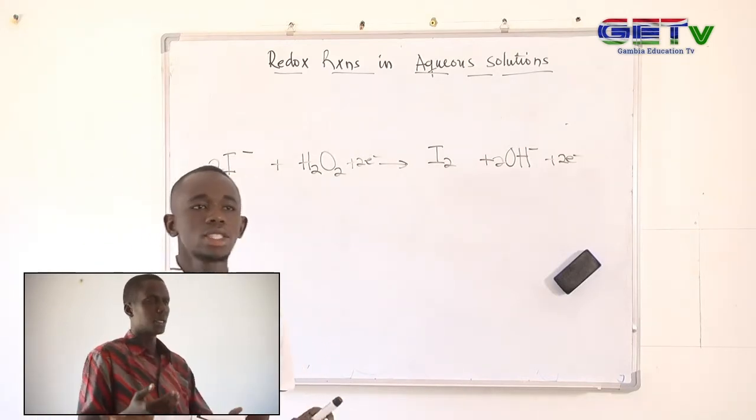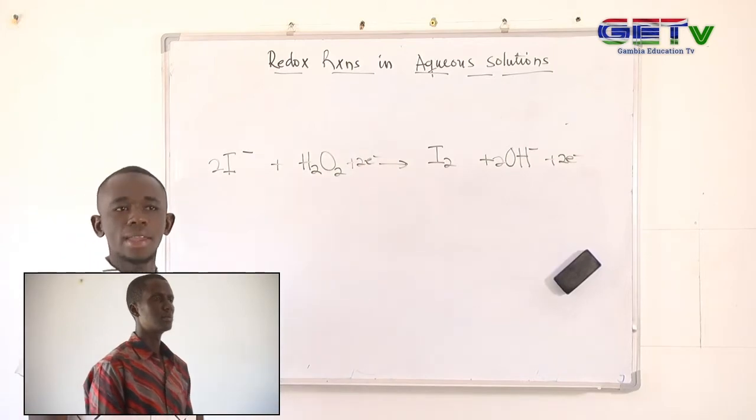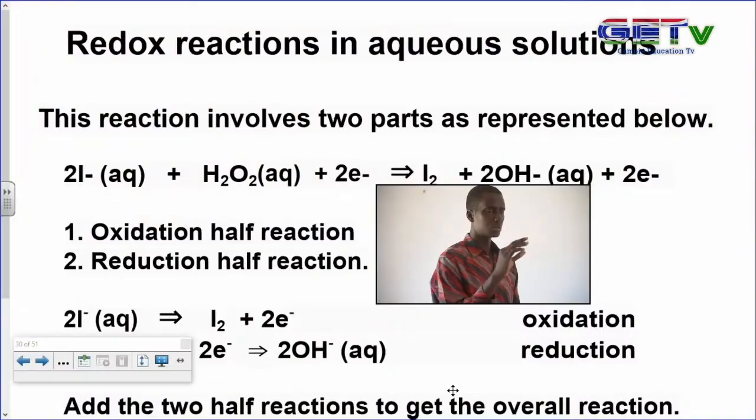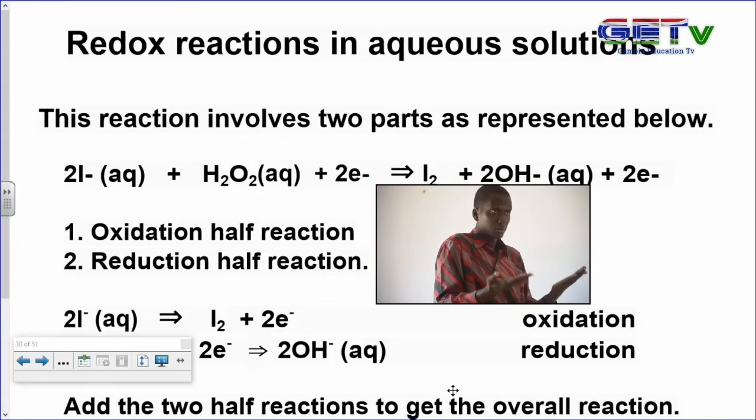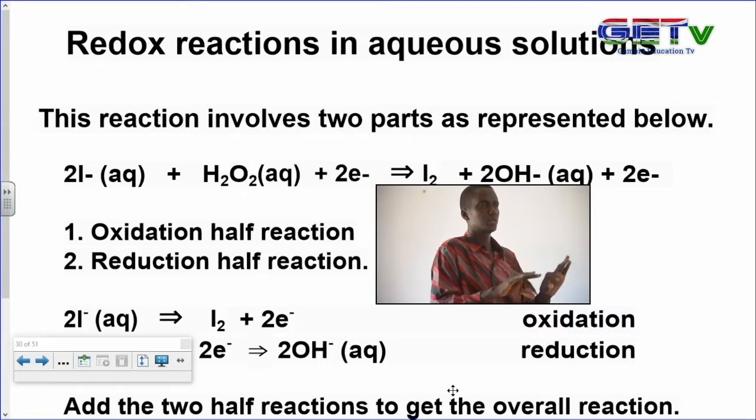Our task is just to identify which of these species is undergoing reduction and which is undergoing oxidation. We have our red and also our ox.